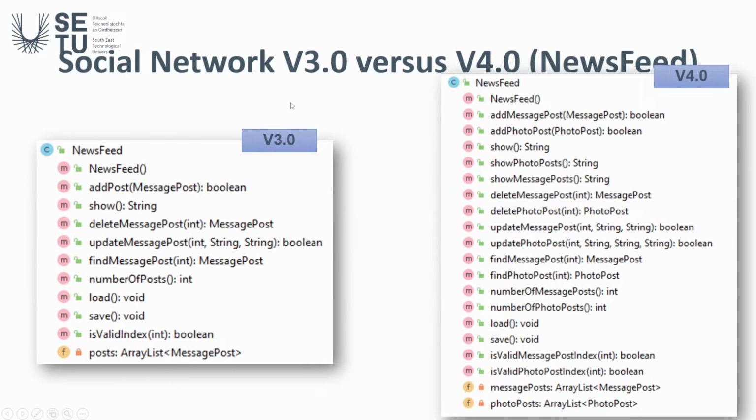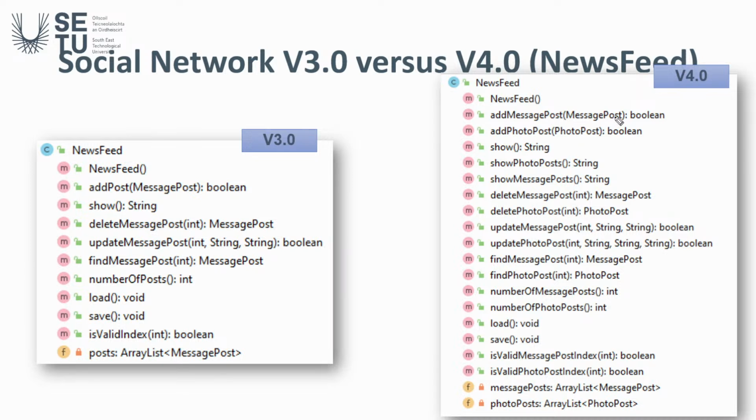If we look at version 3, our newsfeed had an array list of posts, so it had 1 array list here. But now, because we have 2 array lists, 1 for message and 1 for photo, you can see that we need to duplicate everything. We need to have an add message post and an add photo post.